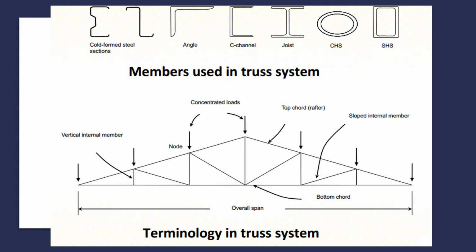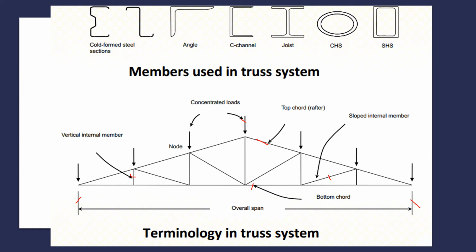So normally in a truss system, this is the common terminology where we have a vertical internal member, concentrated load, where we calculate the roof load and the purlin loads, and we have a top chord, the sloped internal member, the bottom chord, and this is a concentrated load, and this is the overall span of truss system.